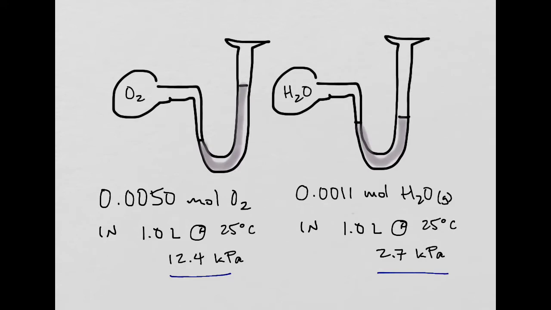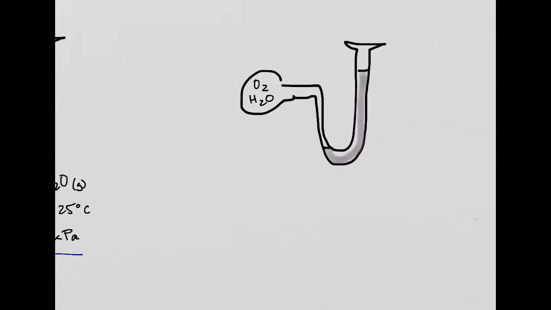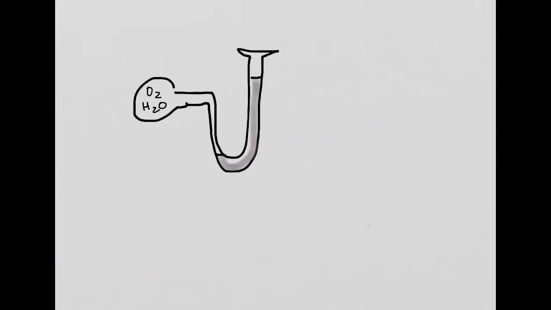But if we were to then combine the same amount of oxygen and the same amount of water vapor into the same manometer, all we'd need to do to figure out the total pressure of the entire system is to simply add these two things together. So in fact, if you scooch over here, this is kind of like one of those cooking shows. If this were the case where you can see now I have both oxygen and water inside of this manometer together, then I would have 0.0050 moles of oxygen plus 0.0011 moles of water vapor.